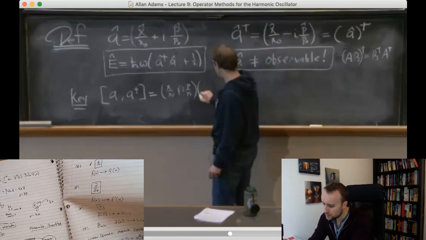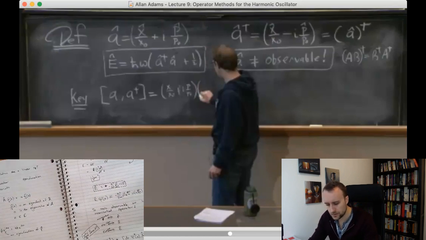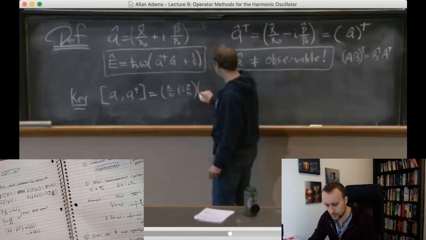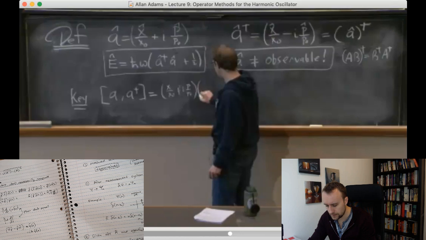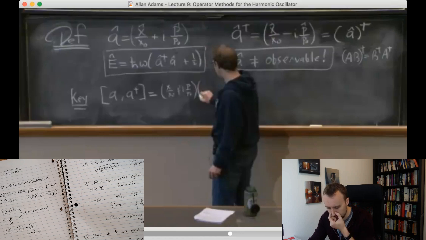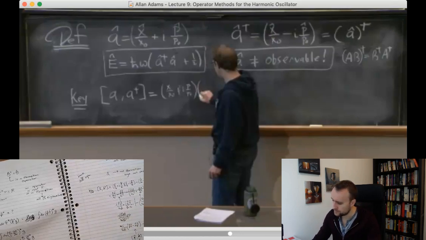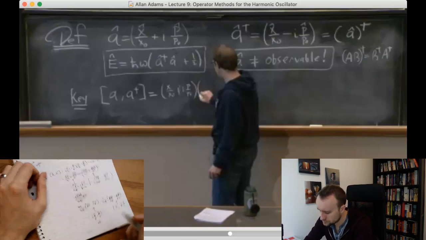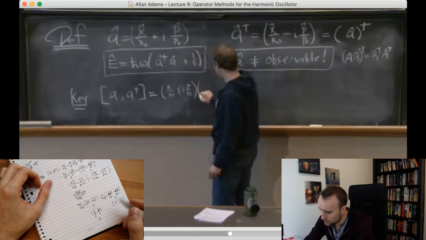Oh, here we go. The operators. Where's the commutation of the operators? I h bar. This is reversed. Is it minus 1? It must be negative. All right.